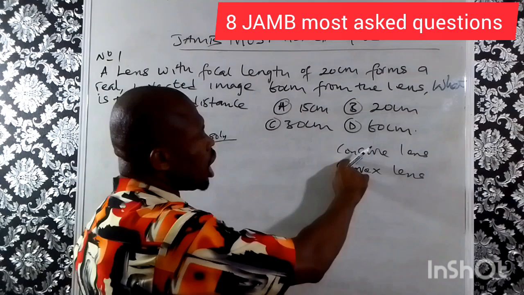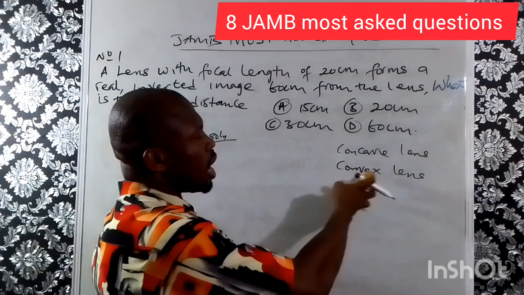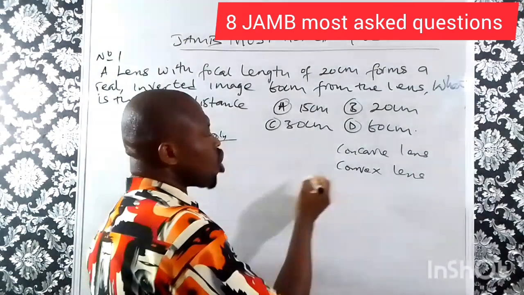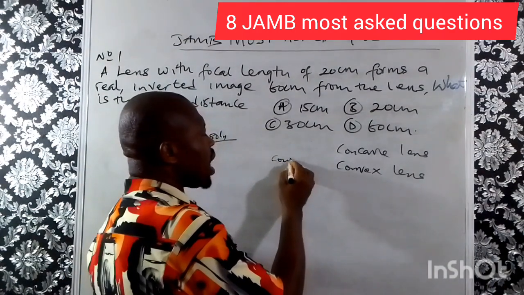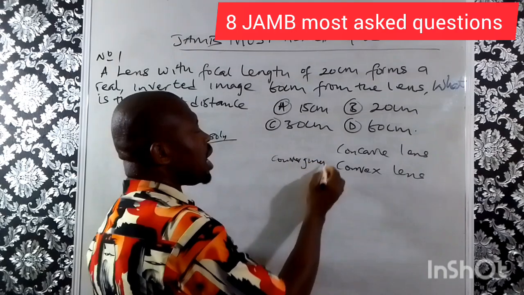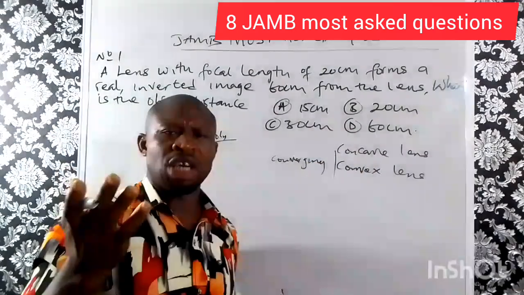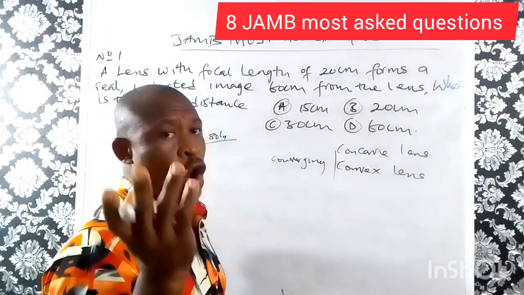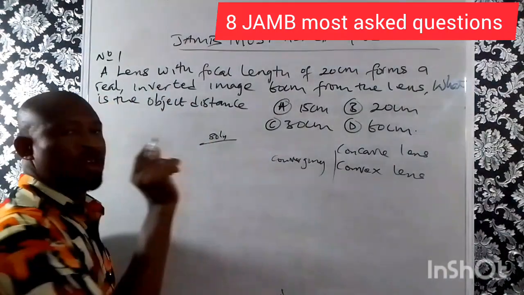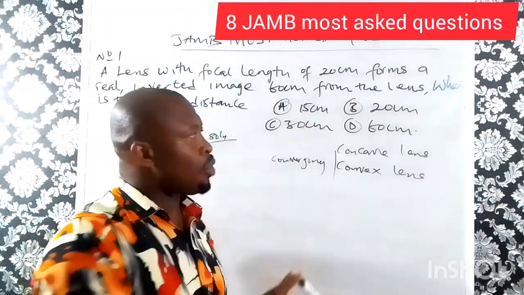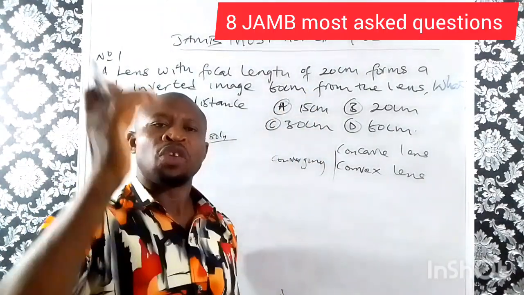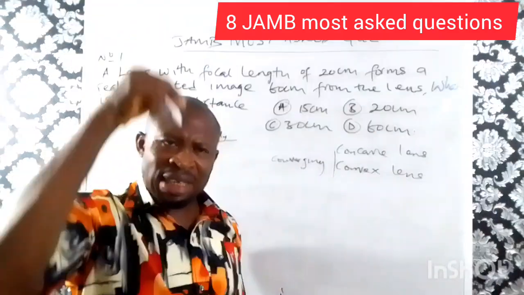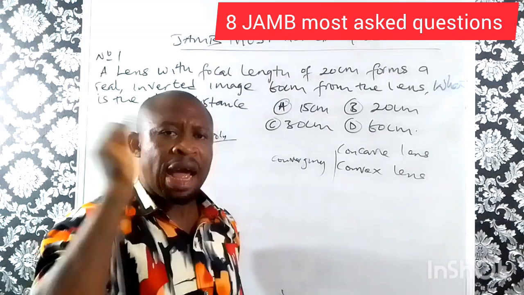Now, if you look at some of the characteristics of the convex lens, or we'll call it a converging lens, one of the properties is that they form real images because they have a real focal length. I'm not going to waste more time on this. For details on these two lenses, please see the link in the description below.